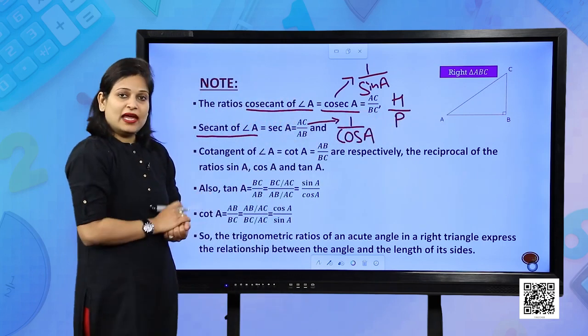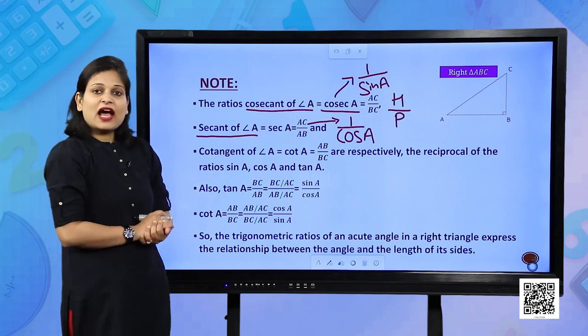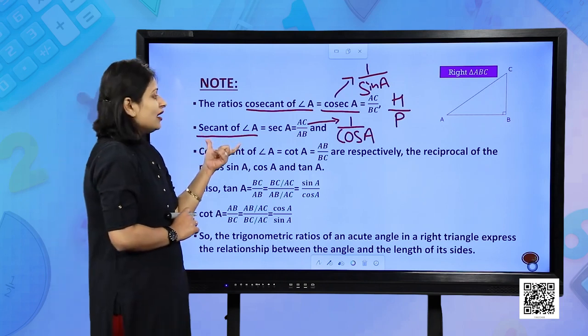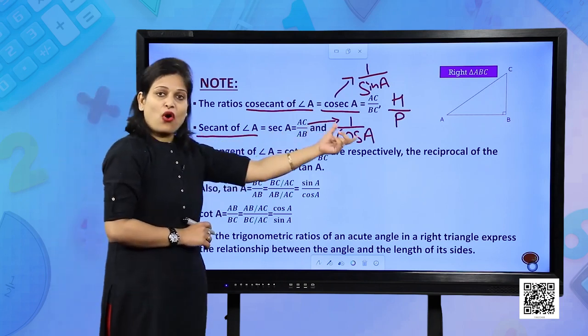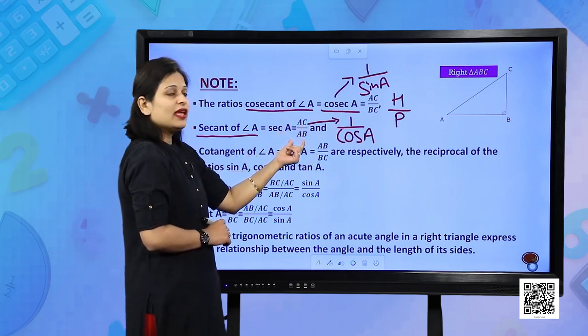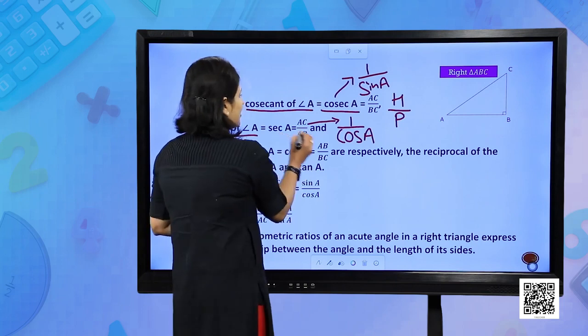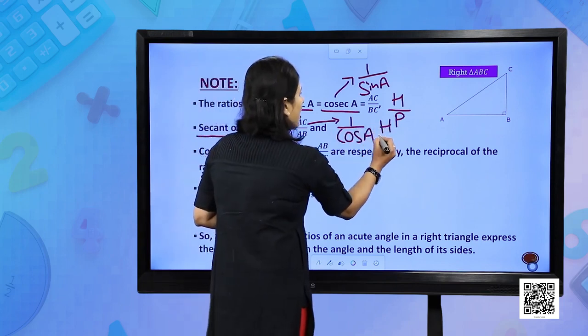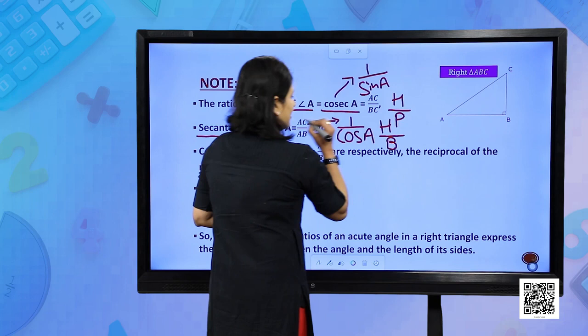AB is the base, AC is the hypotenuse. But secant A is the reciprocal of cos A. So, we will write AC upon AB, which is hypotenuse upon base.